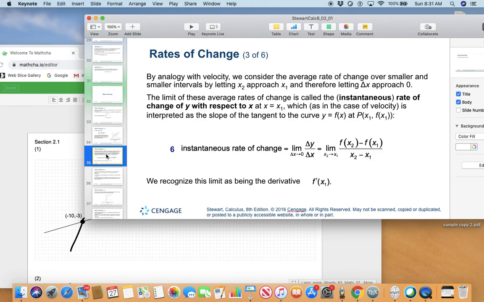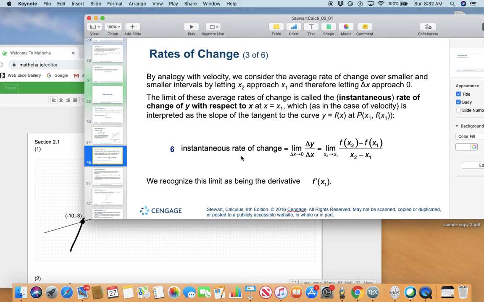Okay. By analogy with velocity, we consider the average rate of change over smaller and smaller intervals by letting x2 approach x1. So as the denominator gets smaller and smaller, that is as x2 approaches x1, you take this difference quotient and take its limit as the denominator approaches 0.